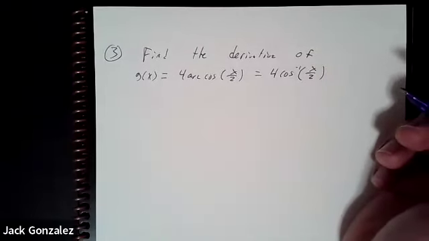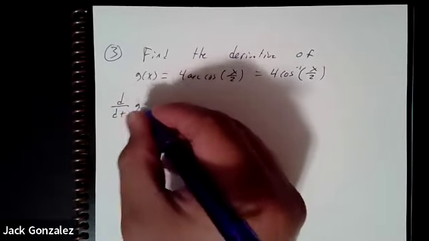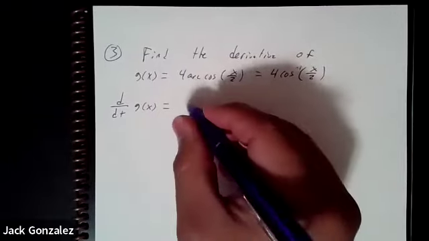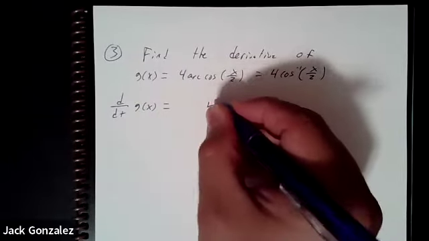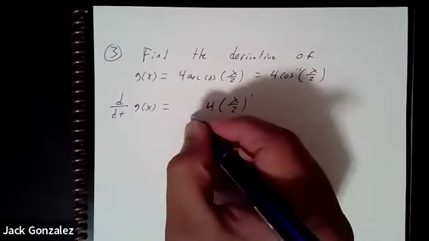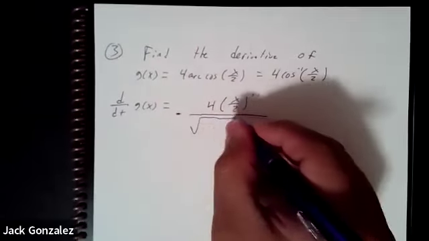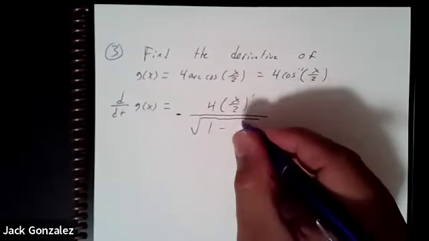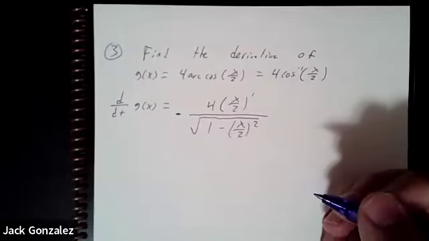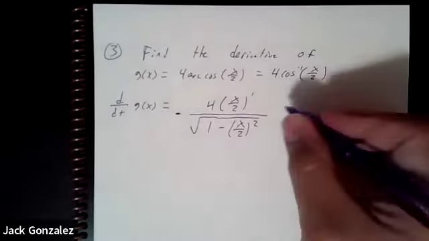All right. So d/dx of g would be equal to, right? The 4 is going to come for the ride. Derivative of this thing over, with the built-in negative for cosine, square root of 1 minus (x over 2) squared.